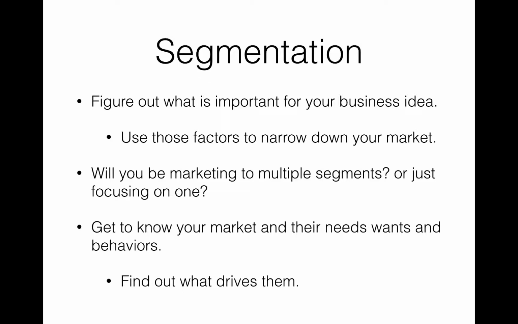You also have to decide if you'll be marketing to multiple segments or just focusing on one. So, for example, if you owned a yoga studio, the most common ages for yoga are going to be 18 to 35 and generally female, right? And so those might be your most common markets. So maybe you just want to market to them. Or you might want to segment out into new moms. So there's a lot of moms in the Oceanside area.